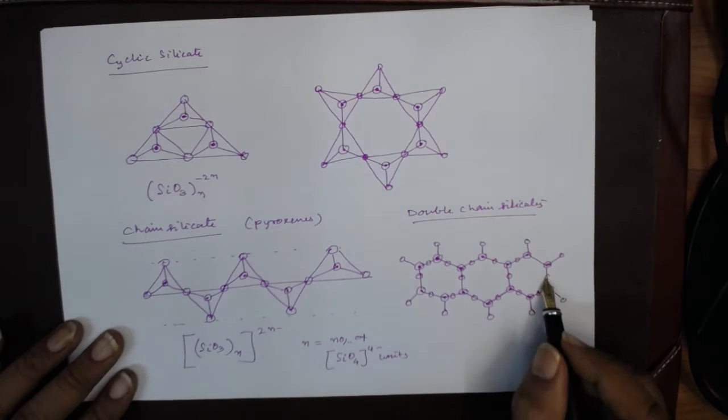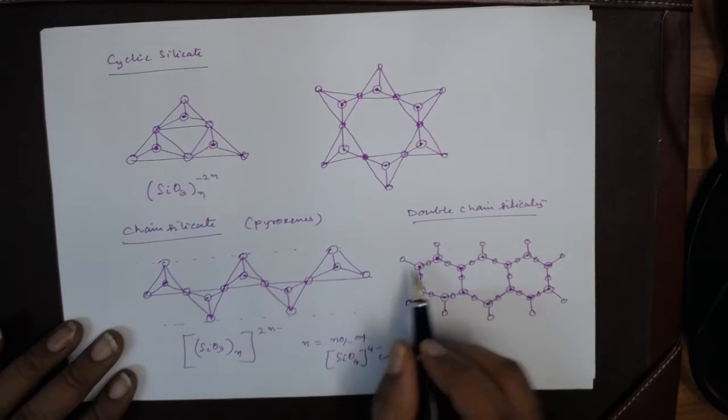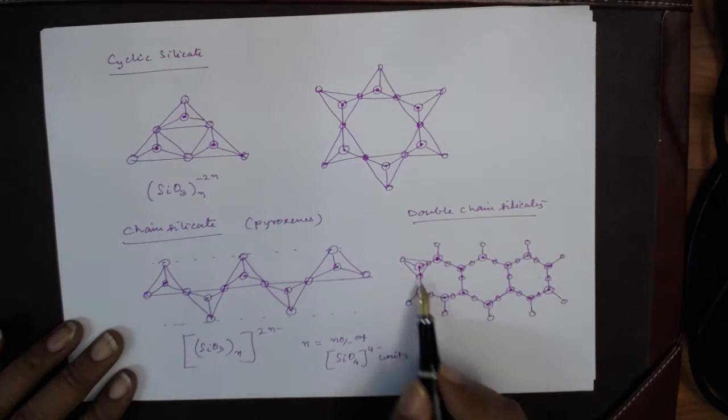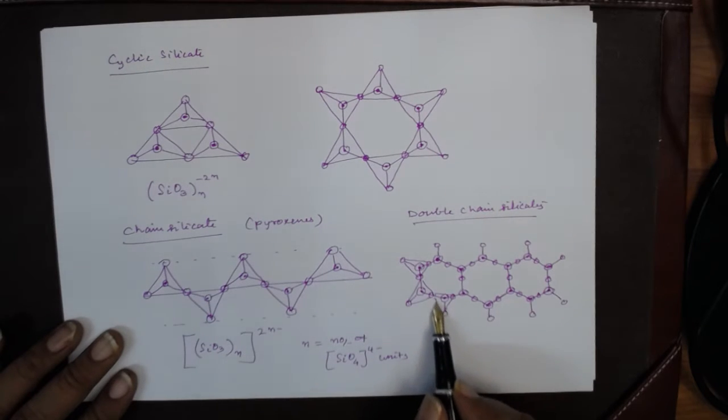Right. Now at each corner you can have the tetrahedral structure. Are you able to follow? You can join like this. Okay.